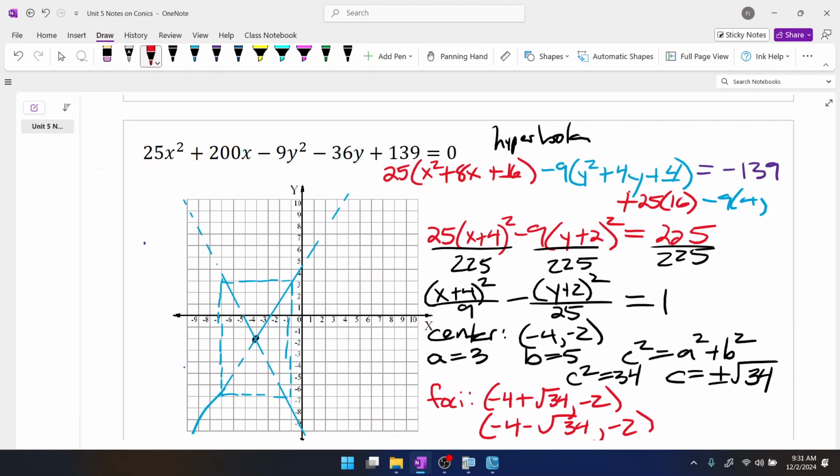So negative 4 plus root 34 is going to put us right about here, and negative 4 minus root 34 right about here for the foci. And then we can draw the curve. Not the best looking drawing, but that's what we're going to get here.